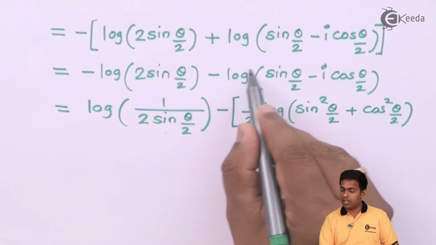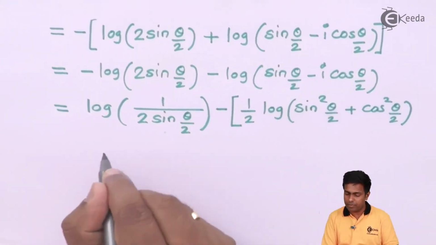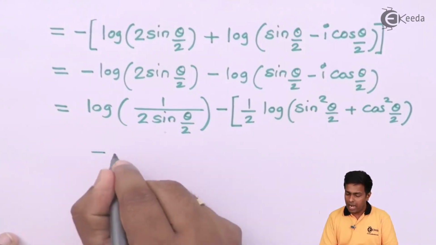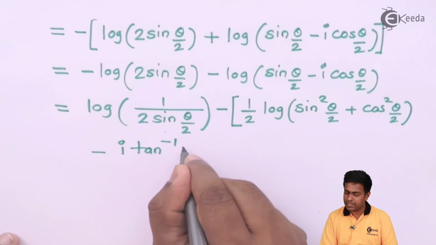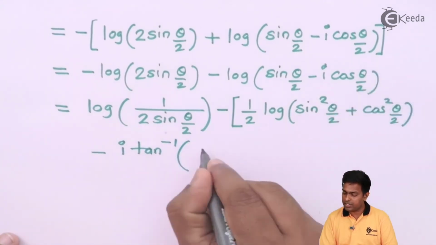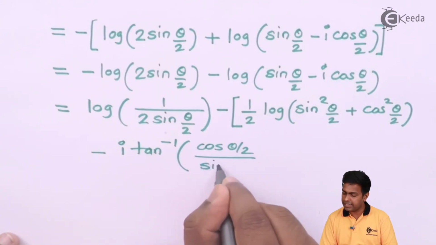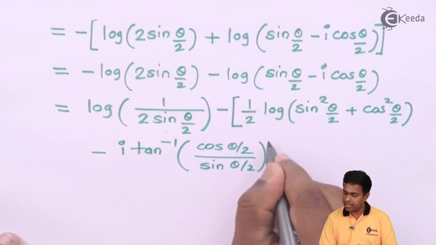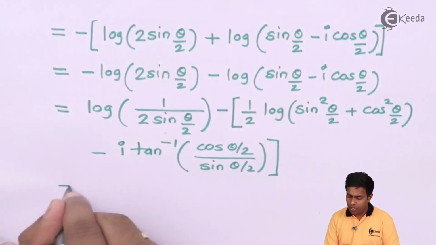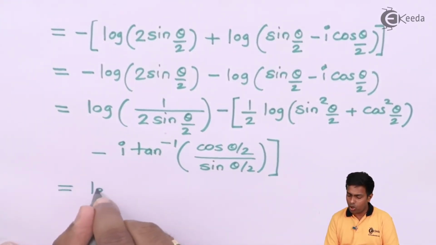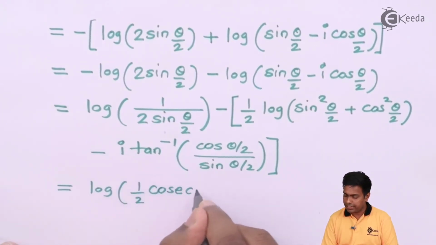Next, this is a log of a negative complex number, so the middle sign will be negative by the formula, and into I tan inverse of y by x. Here y is cos theta by 2 and x is sin theta by 2. So guys, I have just applied the standard formula. Now by applying that we'll get log of, this term will become half cosec of theta by 2.